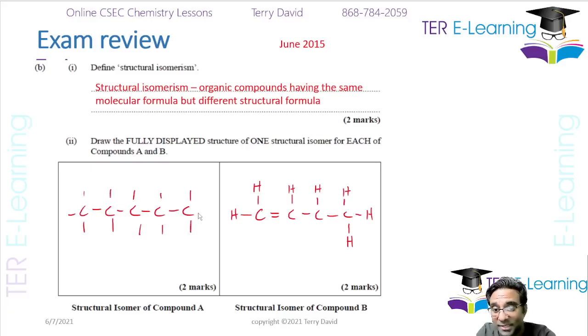And I'm getting 2 marks for this. This is not taking me long in the exam to do. So organic chemistry, like I said, it is very easy if you learn your work, right? So this here is my structure, and look at that. I'm getting 4 marks just to draw these 2 structures, right? 4 marks just to do that.